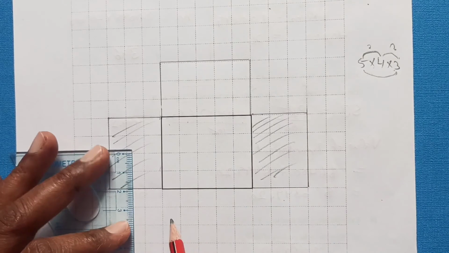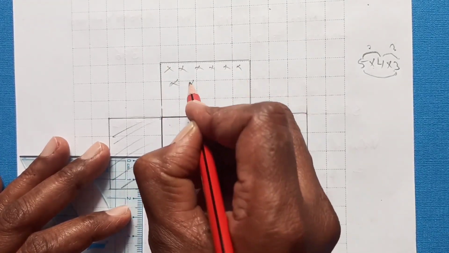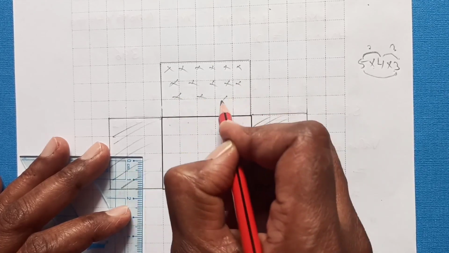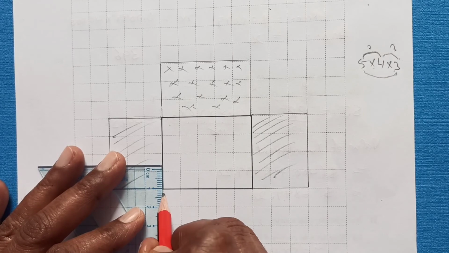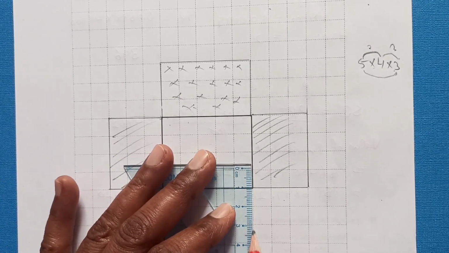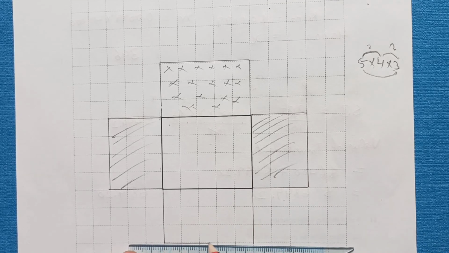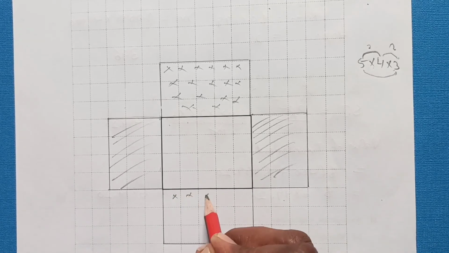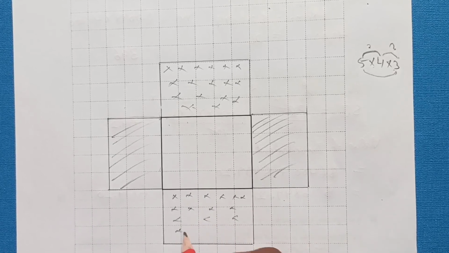We should have the same on the other side. We are making some crosses here to show that they are the same. This should have a similar parallel face here. You can see I have differentiated with these crosses.